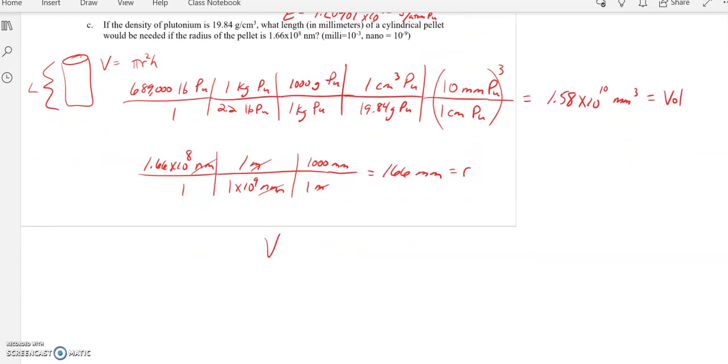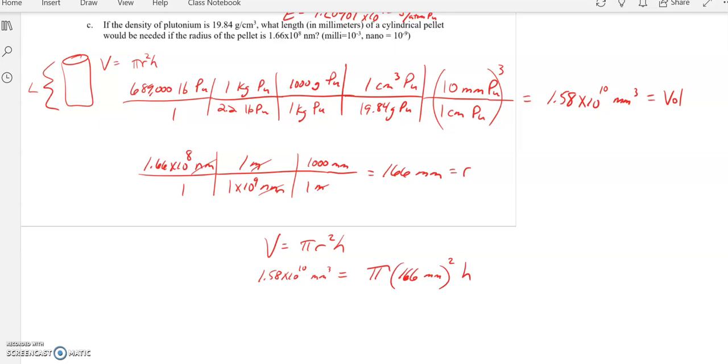Now I can use the volume of a cylinder equation, pi r squared times h, or the length. 1.58 times 10 to the 10th millimeters cubed is my volume. Pi, 166 millimeters is my radius, squared times h.